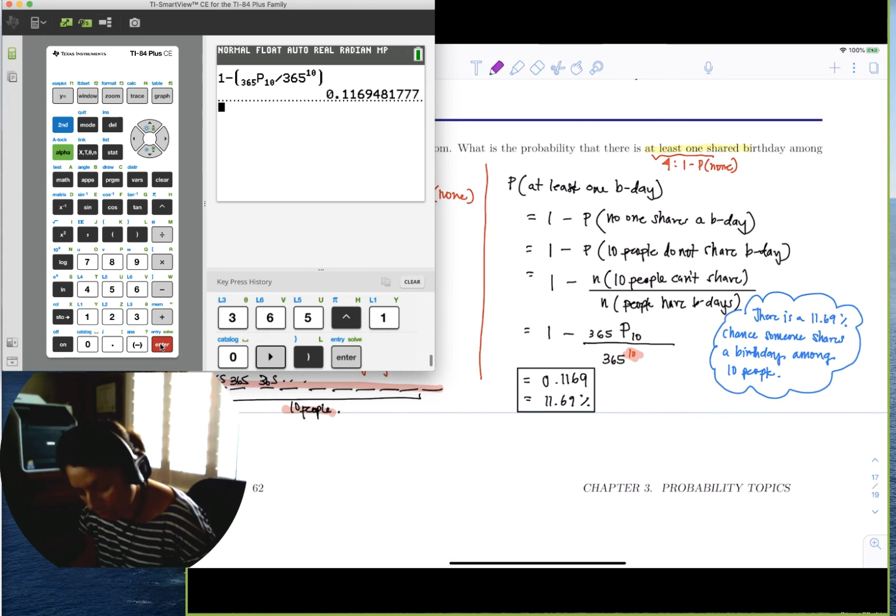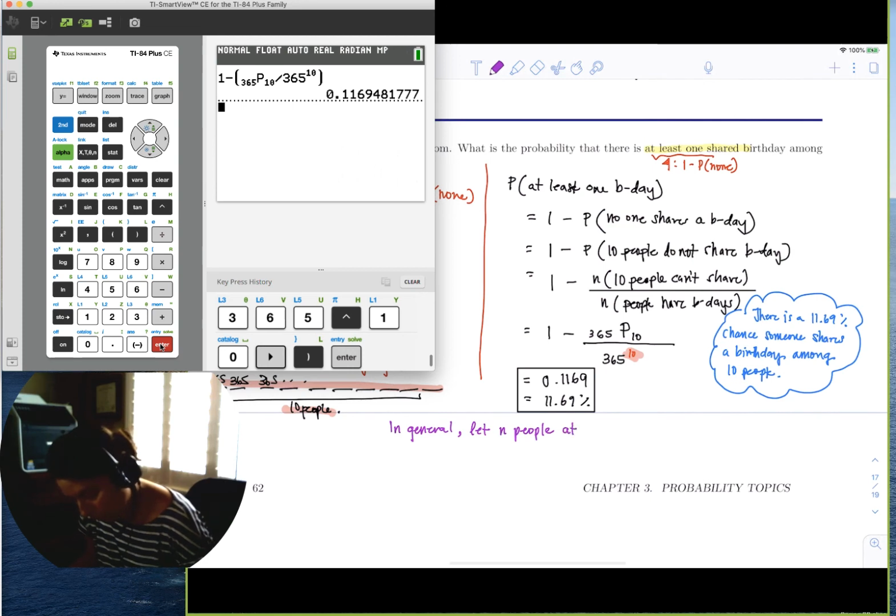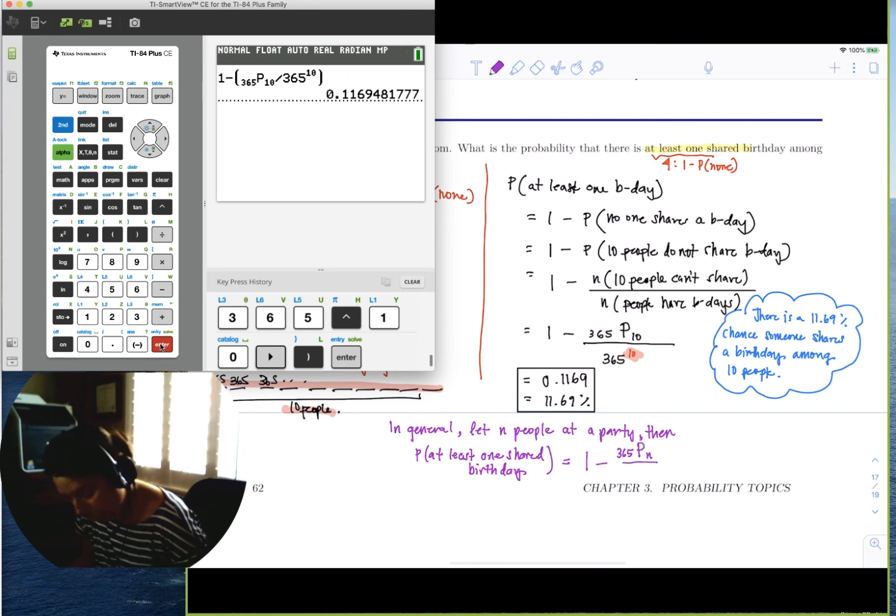In general, if you let n people at a party, then the probability of at least one shared birthday is equal to 1 minus 365 permutation n over 365 to the n.